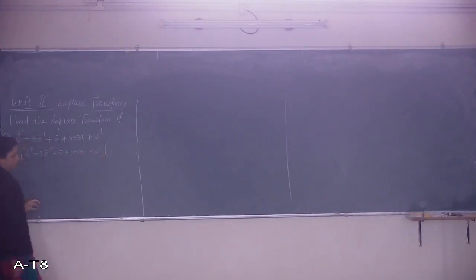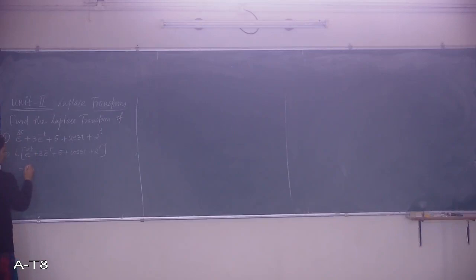First we separate all the terms, because they are not all the same; it is a mixture of trigonometric, constant and exponential terms. So here we go for the linear property and separate this.